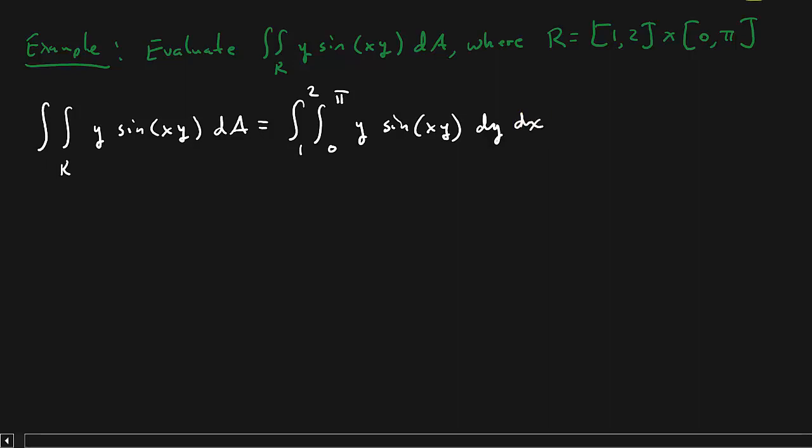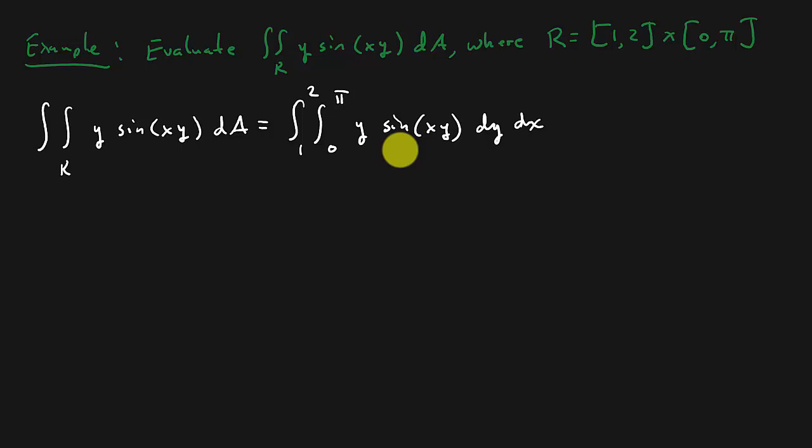Hopefully you remember how to do that. You would probably let u equal y and dv equal sine xy, and then go through all that. But remember, we can integrate with respect to y and then x, or we can integrate with respect to x and then y. So we would have to integrate by parts.